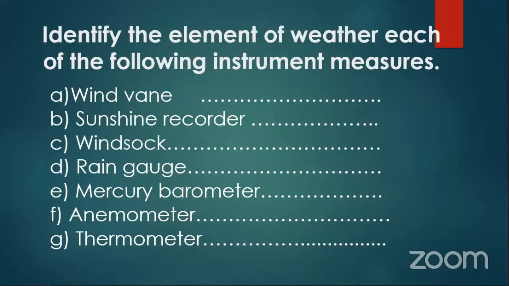Timothy's hand is up. Timothy, do you want to give us the answer? Yes. I don't have the idea about the barometer. Very good. Timothy is saying he doesn't have the idea. Let us hear from other people.